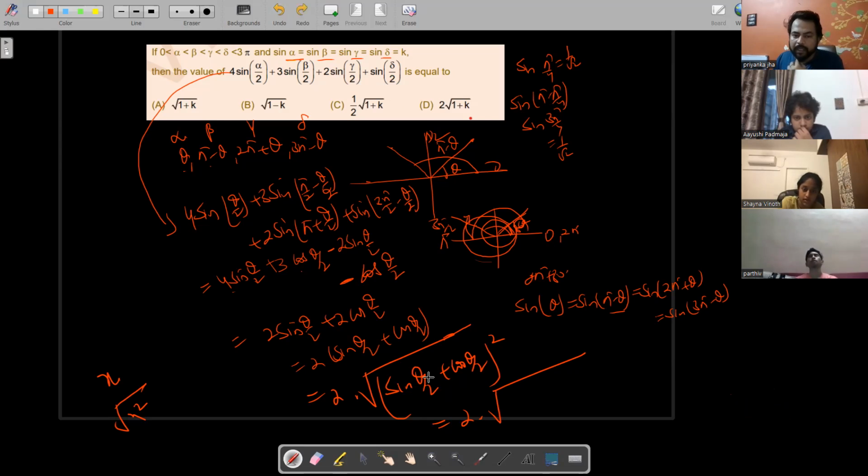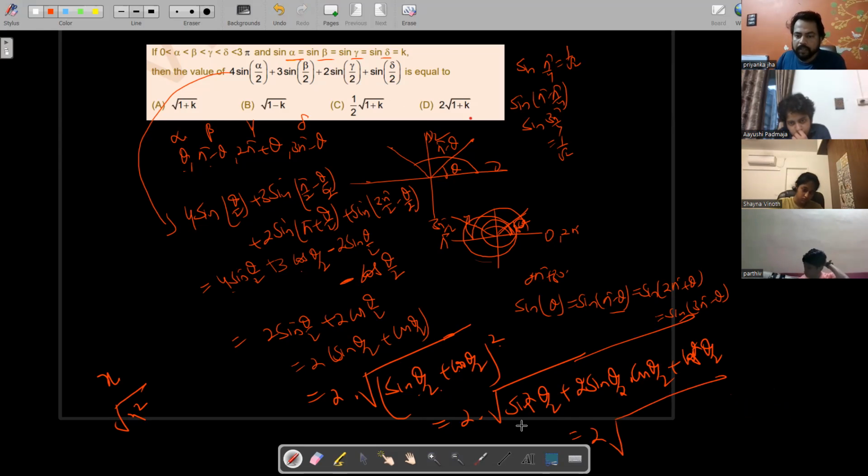Now I'll do one thing. A plus B whole square is A square plus 2AB plus B square. See here, this is an identity: sine square theta plus cos square theta, angles are same, so this will be 1 plus 2 sine theta by 2 into cos theta by 2.